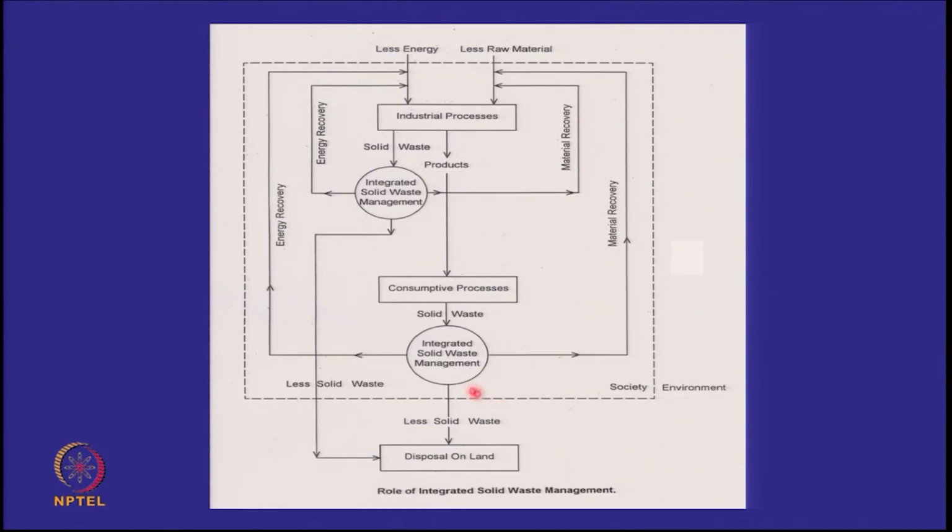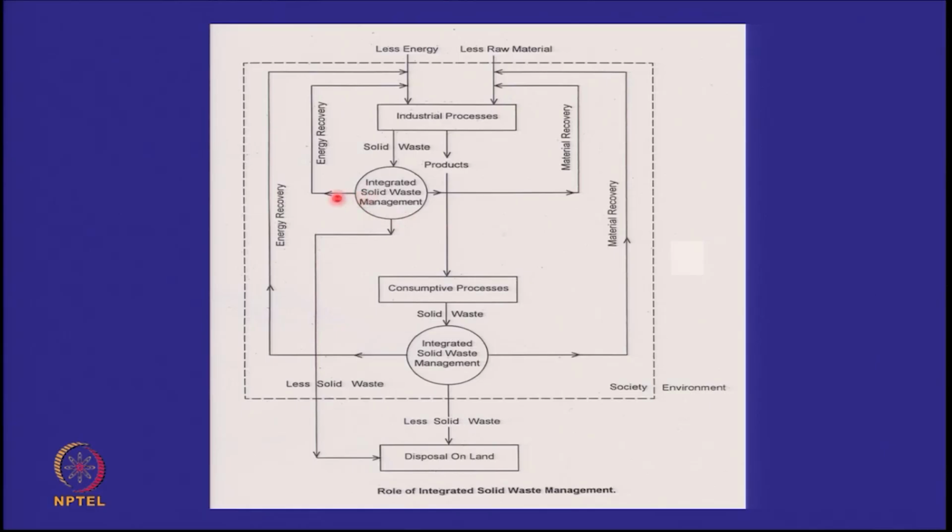When I do integrated solid waste management, I look at the waste which is coming out from any process and I apply the principles: can we reduce waste, can we recycle it, can we process it, or can we transform it. So if I am able to take out some materials, suppose I am able to take out the glasses and the metals, then what happens? The glass industry now gets an input from the recyclables, so it uses less raw material.